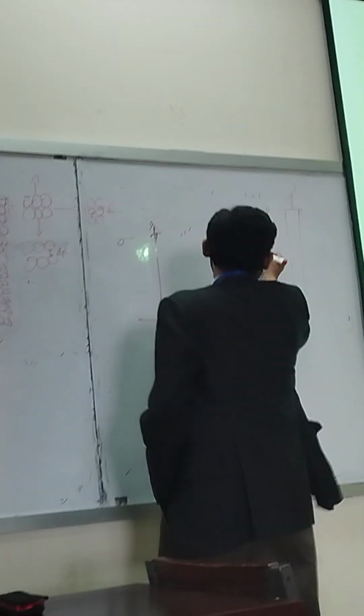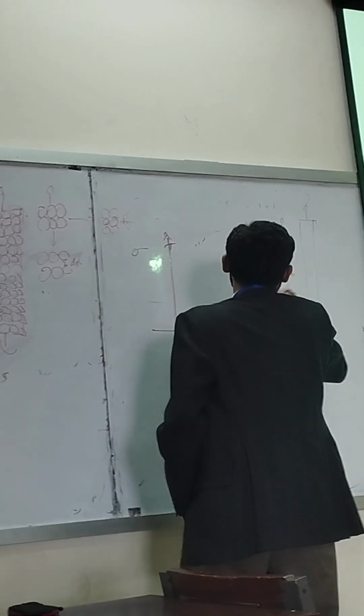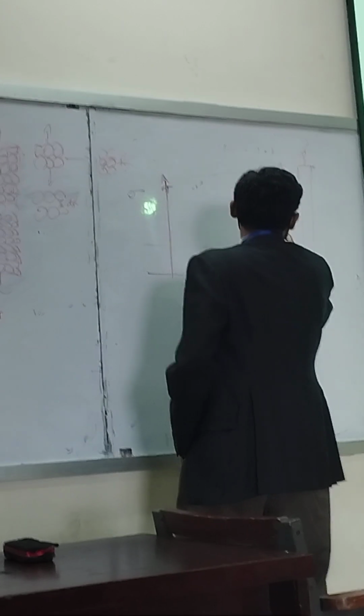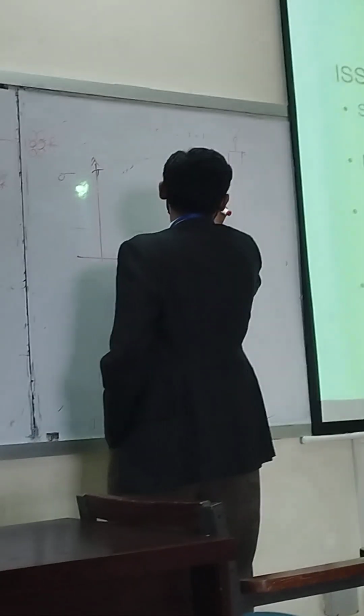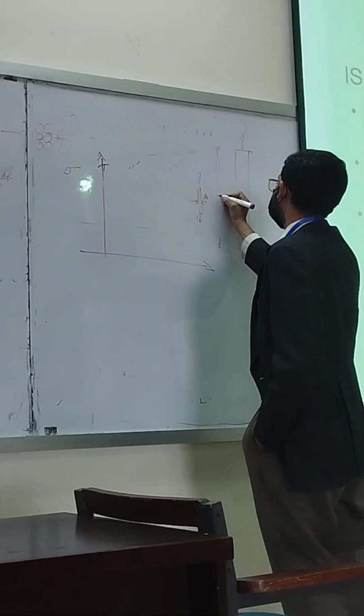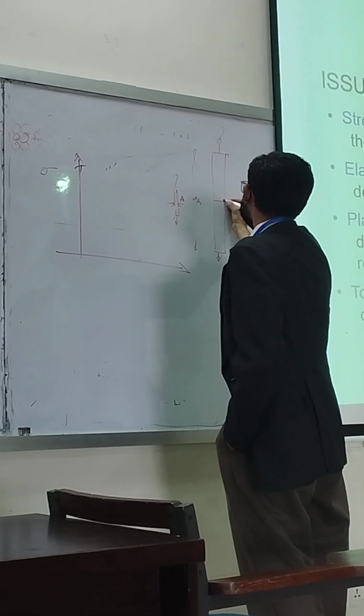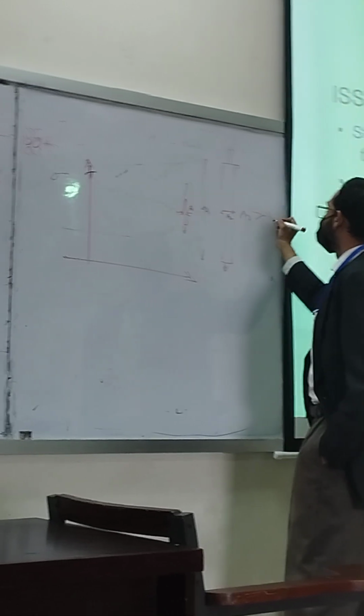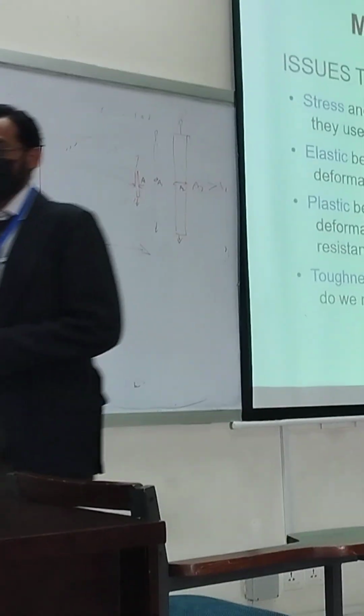Over here we have, let's say we have the same. That depends on the limit of proportionality, the constant k. Sir, this depends on k. A1 is here, this is also A1, and this is A2, where A2 is greater than A1. They are made out of the same material.